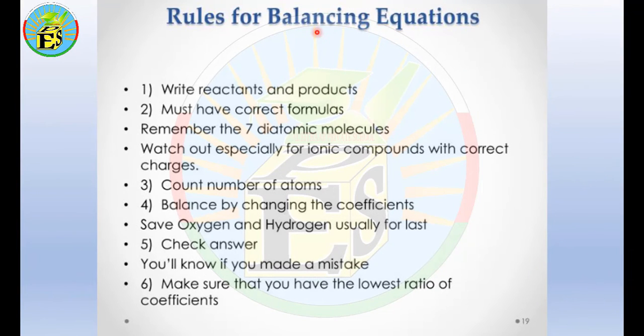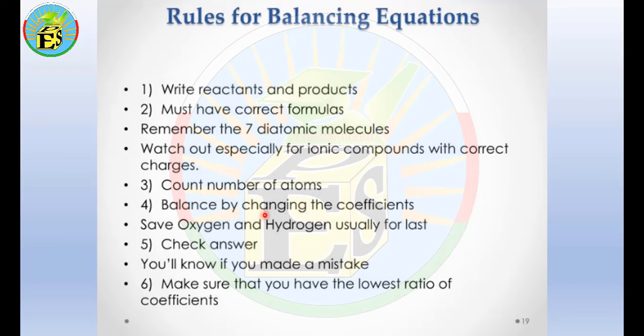Rules for balancing equations. How we can make the chemical equation balanced. Reactants and products must have correct formulas. Remember the 7 diatomic molecules. Watch out especially for ionic compounds with correct charges. Count the numbers of atoms.